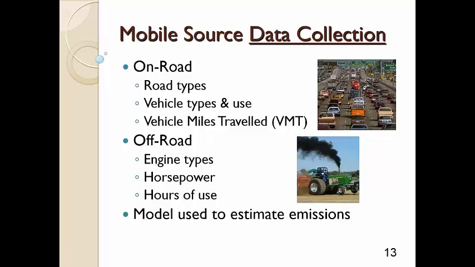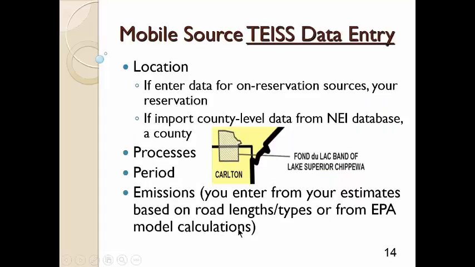Meaning if you have 10% of the land from the county on your reservation, you may decide to take, and this is oversimplifying it, 10% of the emissions. So it's important, when you take those emissions and assume they're applicable, to know what model was used to estimate those emissions. And you're in luck because you'll be working with us and we can help you find that.